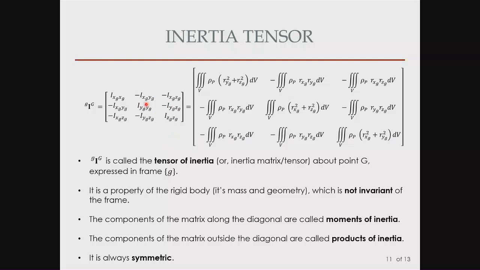So remember as you wish. I will refer to products of inertia as the I's here, without the minuses. These products of inertia can be either positive or negative or 0.